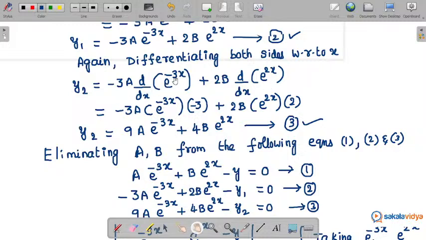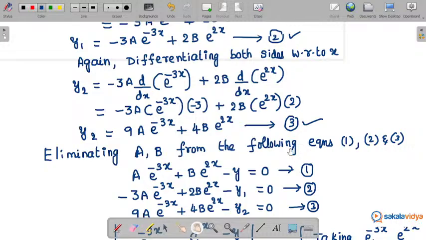Minus 3a times the derivative of e power minus 3x, which is e power minus 3x into minus 3, plus 2b times the derivative of e power 2x, which is e power 2x, and the derivative of 2x is 2. So now y2 equals minus 3a into minus 3, which is 9a, into e power minus 3x, plus 2b into 2, which is 4b, e power 2x, equation 3.